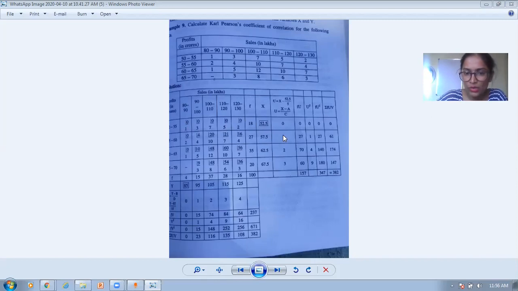So next, 1 into 0, that is 0. 0 into 2 will be 0. 1 into 1 will be 1. 1 into 4 will be 4. Then 1 into 2 will be 2. 2 into 10 is equal to 20. 1 into 3 will be 3. 3 into 7 will be 21. 1 into 4 will be equal to 4. 4 into 4 will be equal to 16.